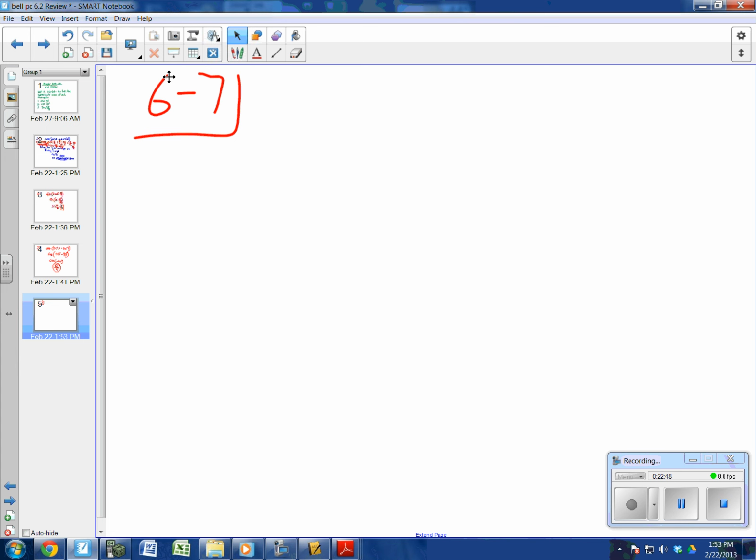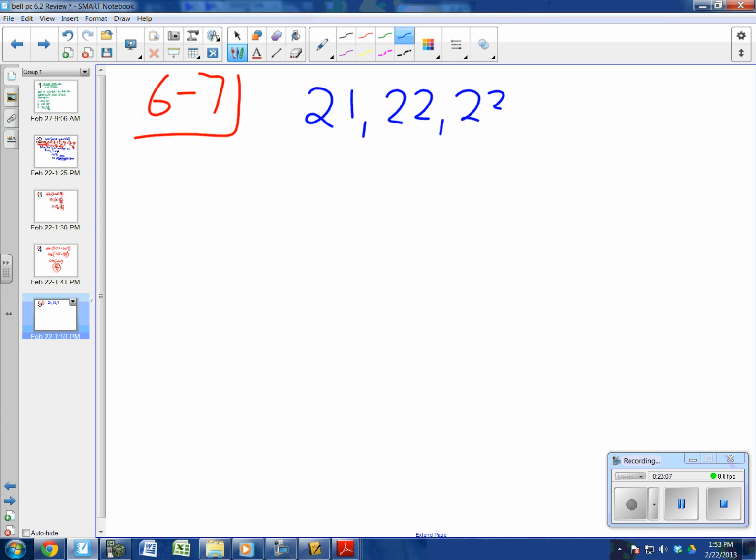Okay, Emily? Okay, everybody get out your table again for 21, 22, and 23. 21, 22, 23. Okay, 21 asks you to find a value of theta for tangent of theta equals 0.